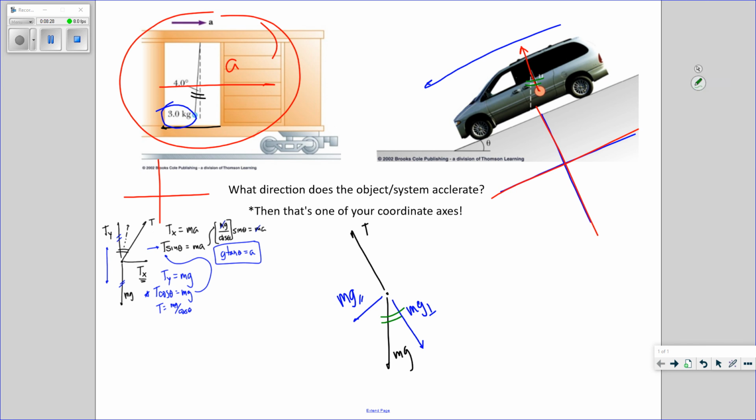So the two net force statements we can write from this are, well, mg parallel equals ma. This is going to be mg sine theta equals ma.